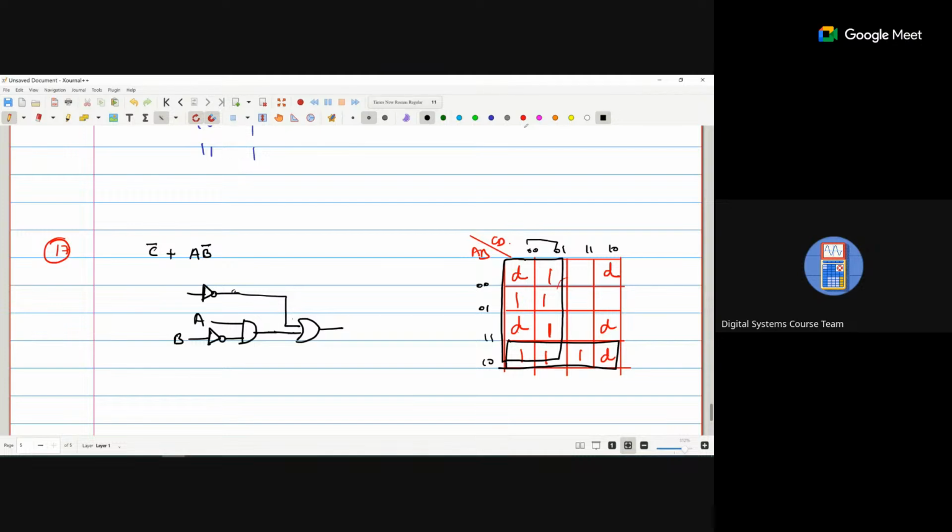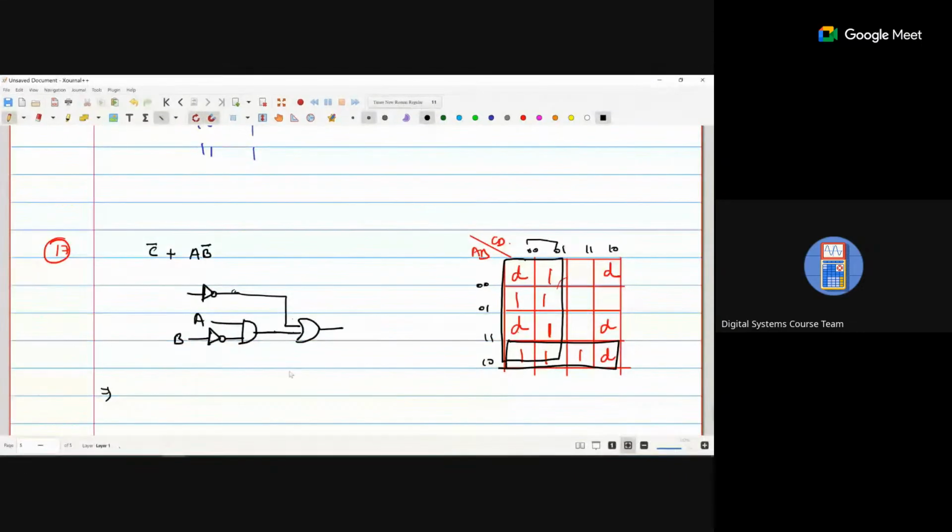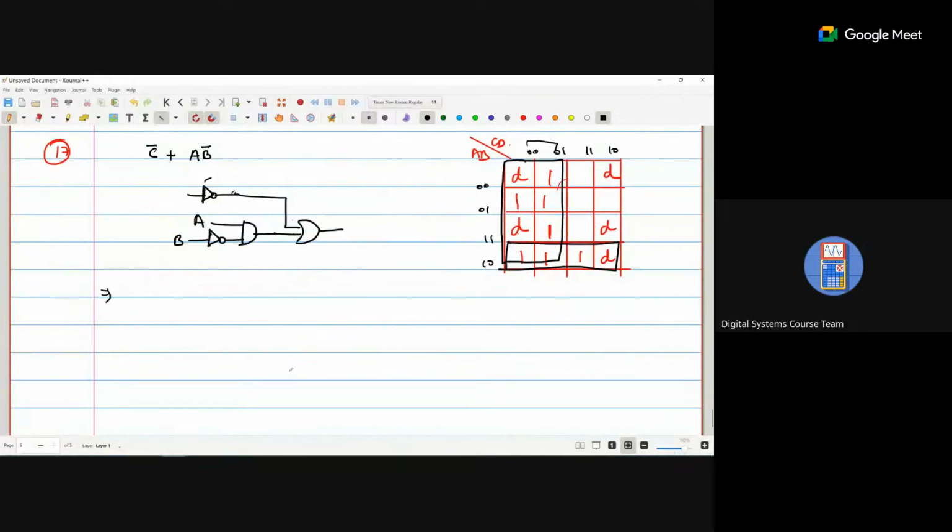Now it is mentioned in the question that it is a two input gate. So this is basically a NOT and NOT gate. I can implement it with the NAND gate also.